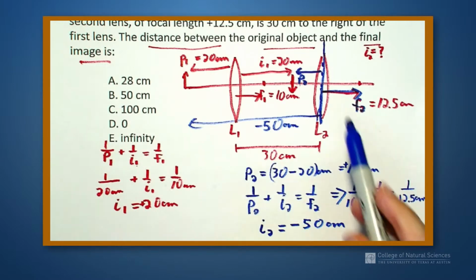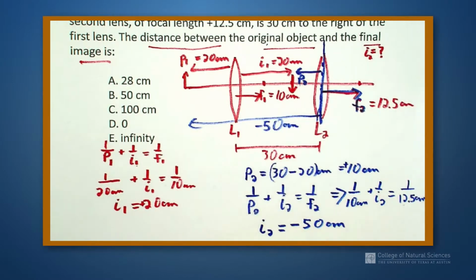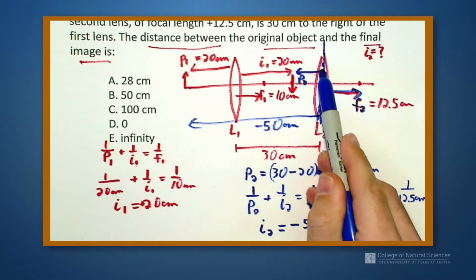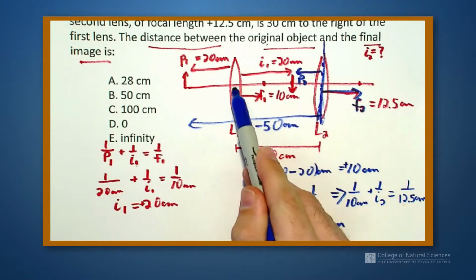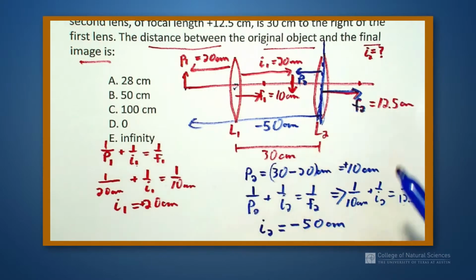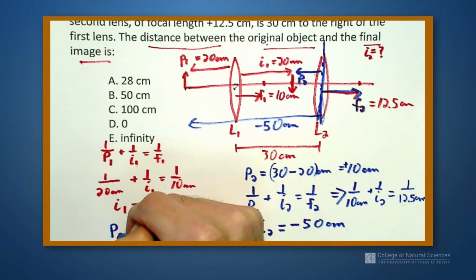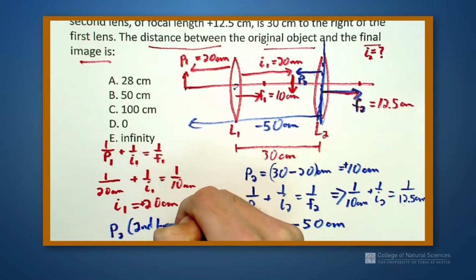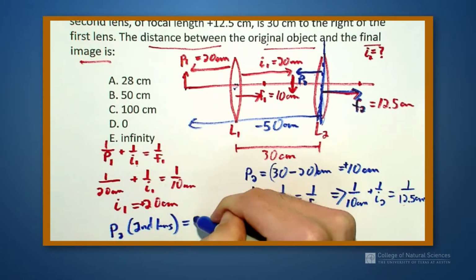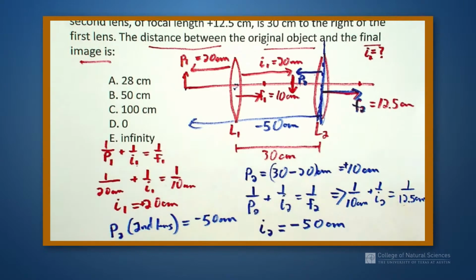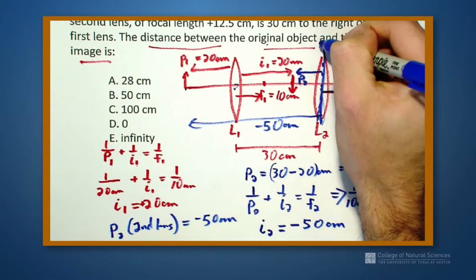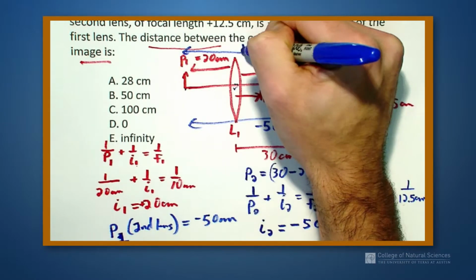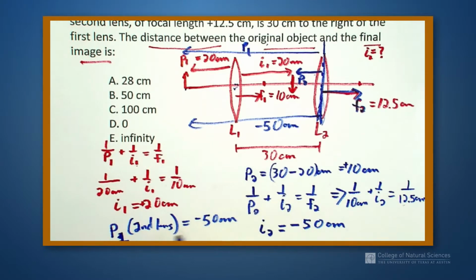And I want to figure out how far away it is from the original object. So I ask myself, well, where is my original object in reference to this lens? Well, I see that my original object is 30 centimeters from the first lens and an additional 20. So I'm measuring this to be a backwards distance of minus 50 centimeters.